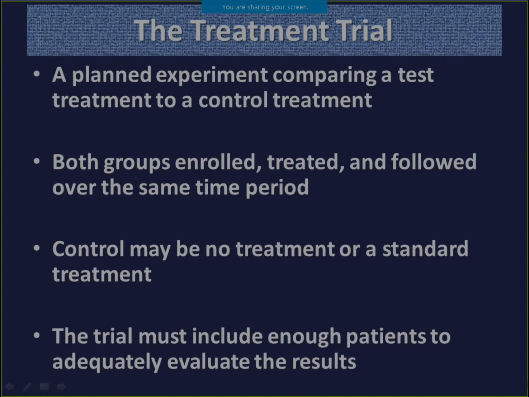The control can either be no treatment or a standard treatment that's already known to be effective and safe. And the trial has to include enough patients so that you can adequately evaluate the results. Most clinical trials compare 2 treatments and average about 25 patients in each group, and this number is both generally practical and doable in terms of time and resources.